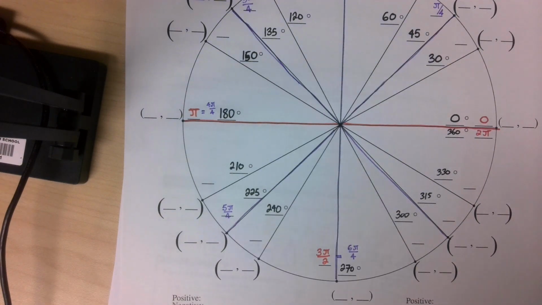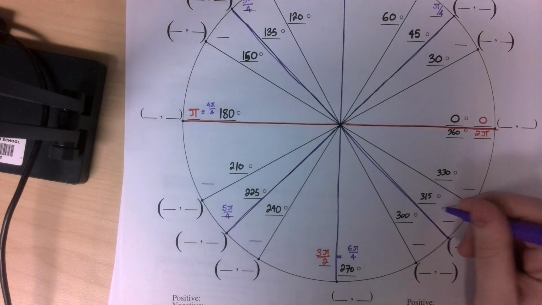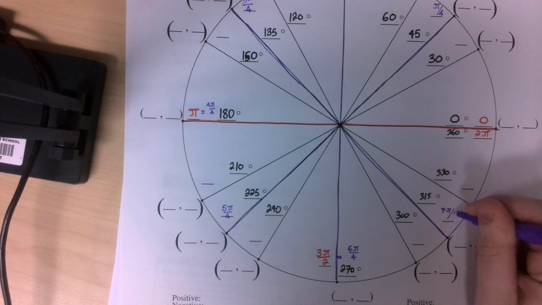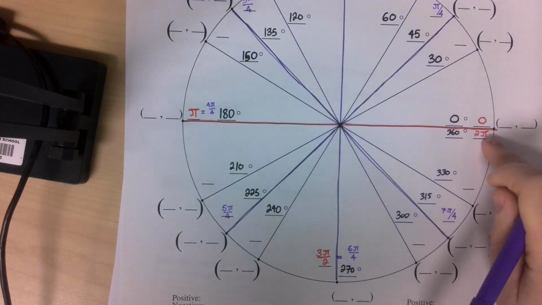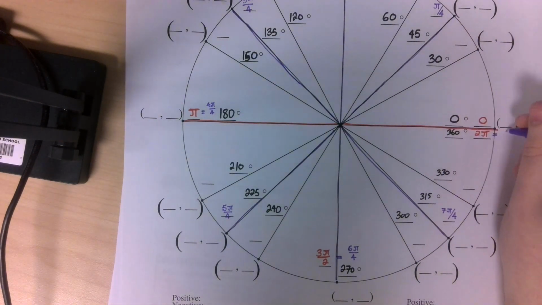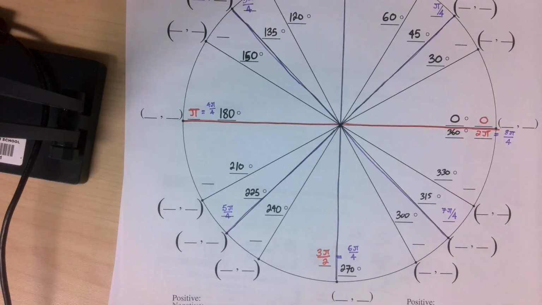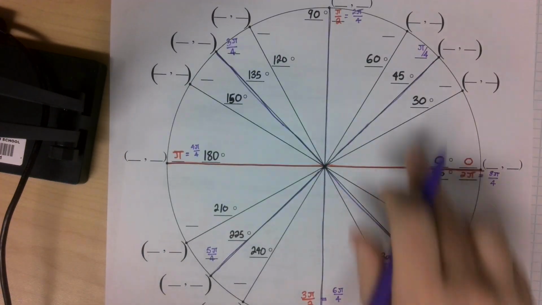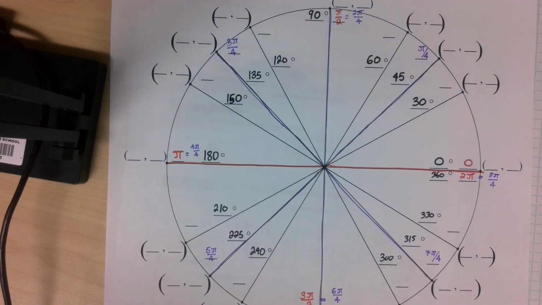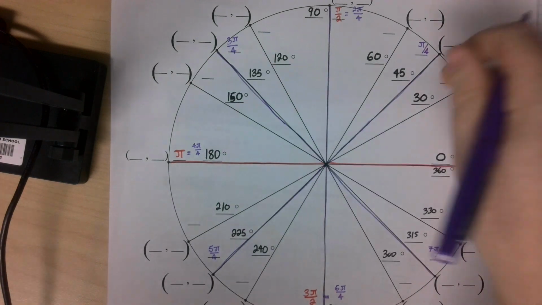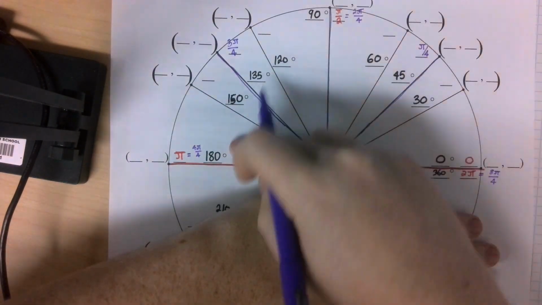We can go another quarter of the way around to get 7 pi over 4. That's the 315 degree angle. And of course, 2 pi would also be the same as 8 pi over 4. Cool. We were able to construct all these different radian measures without doing a single hint of formula. All we had to do was figure out what portion of the top semicircle we were covering.